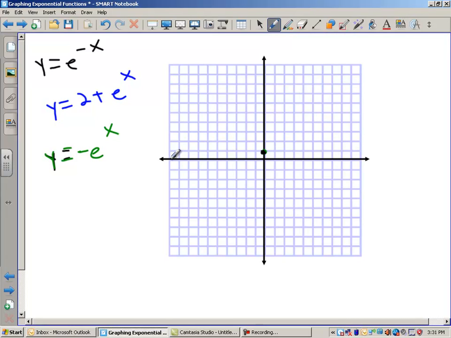Instead of a horizontal asymptote to the left and then exploding up, this does the reverse. This is a reflection across the y-axis. Horizontal asymptote out to the right this time, and then it does this great big rocket explosion towards the left. So there is e to the negative x.